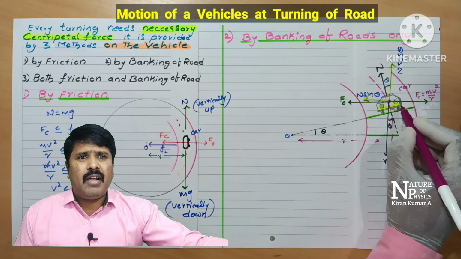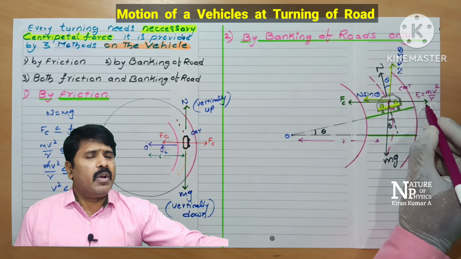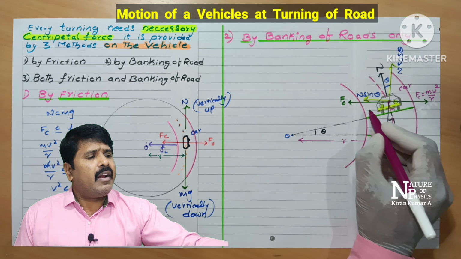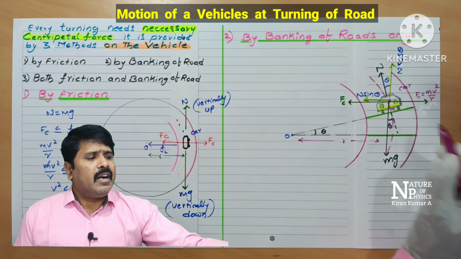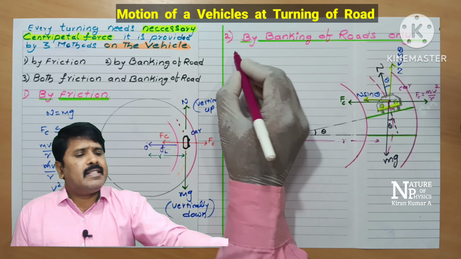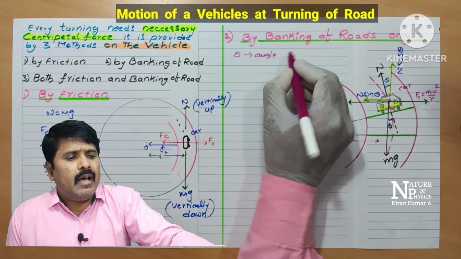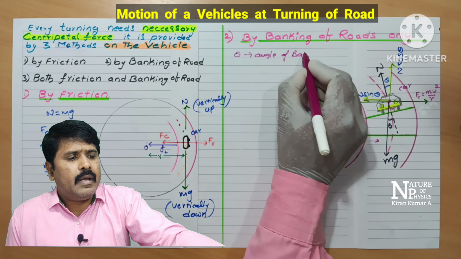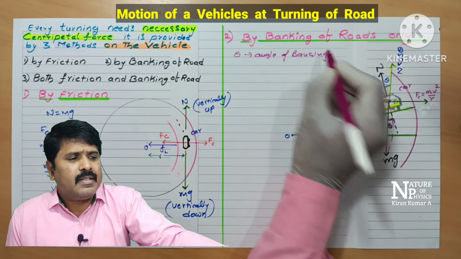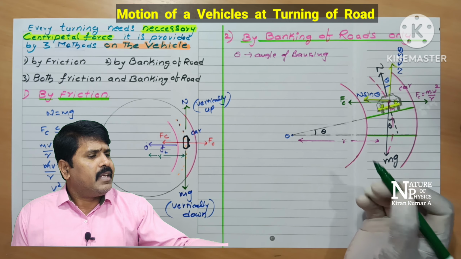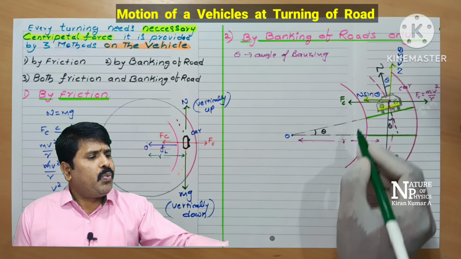On the car, centripetal force and centrifugal force are always acting. Centrifugal force is mv square by r. Here theta is the angle of banking. Now the balancing equations I am going to write.